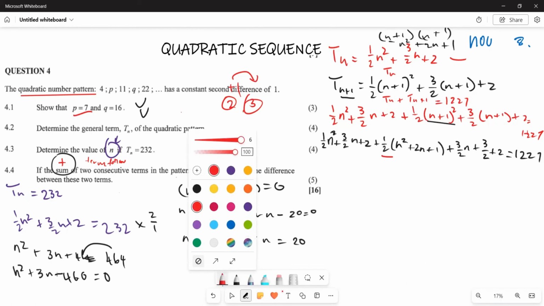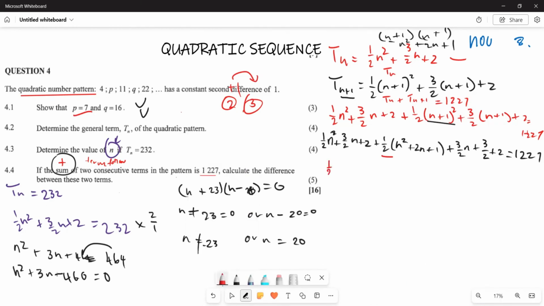When you multiply with all this, we are having 1 over 2n squared plus 3 over 2n plus 2 plus 1 over 2n squared plus, and what is going to be that one when you are solving that one? This is going to be the same as your n, plus, when you say 1 over 2 multiplied by 1, that is 1 over 2.